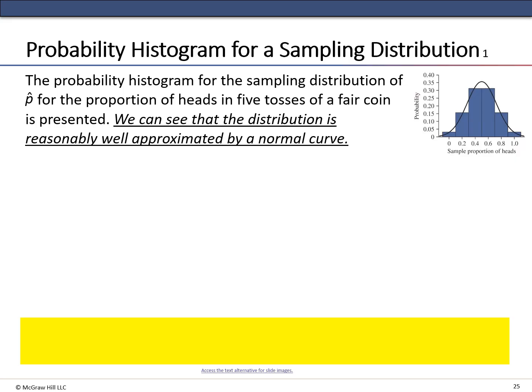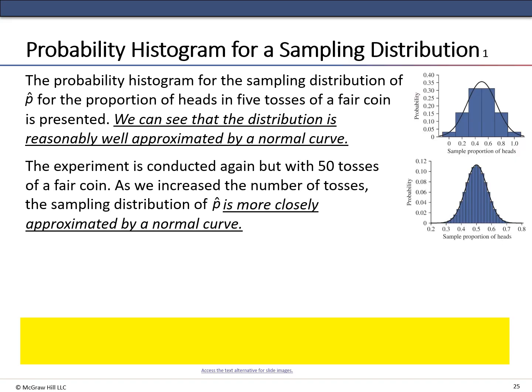The probability histogram for the sampling distribution of p hat for the proportion of heads in 5 tosses of a coin is presented. We can see that the distribution is reasonably well approximated by a normal curve.